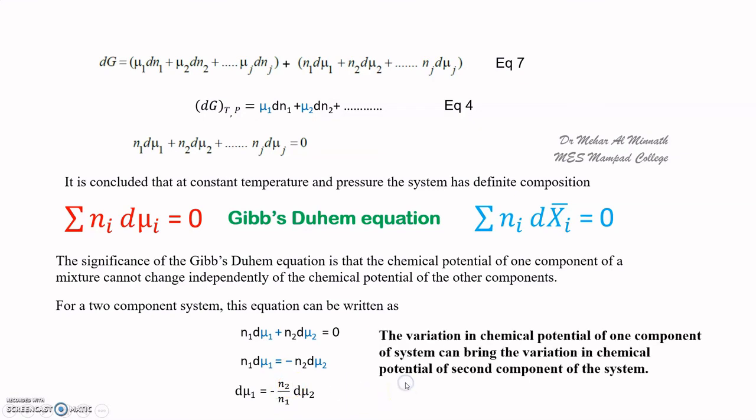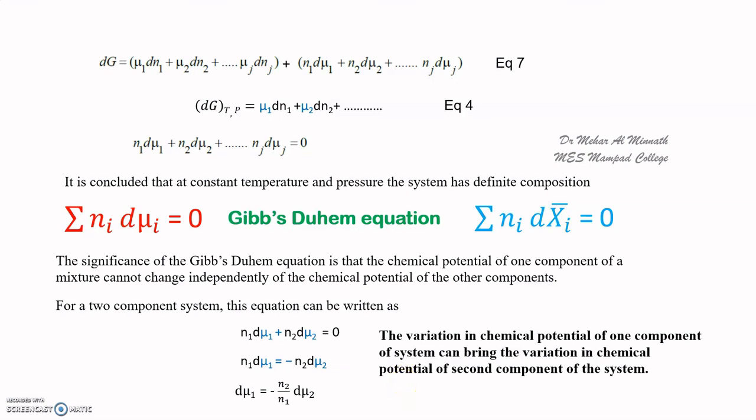Alright, so you can say that the variation of chemical potential of one component of the system can bring variation of chemical potential of the second component of the system. You can say variation in the chemical potential of one component will change the chemical potential of the rest of the components of the system.